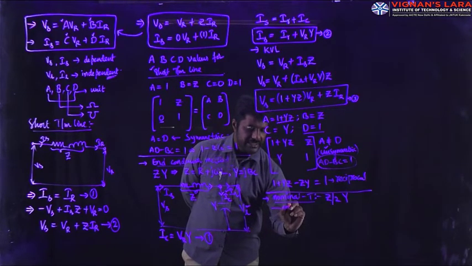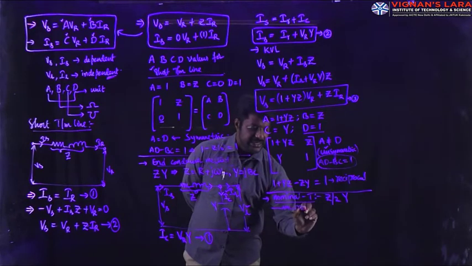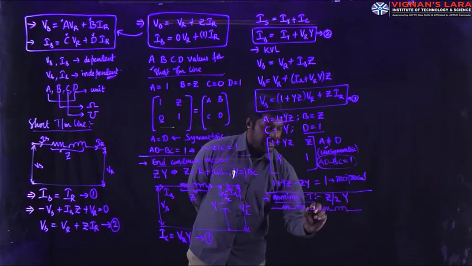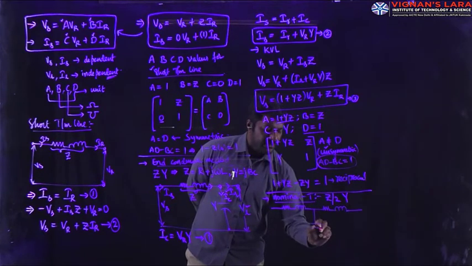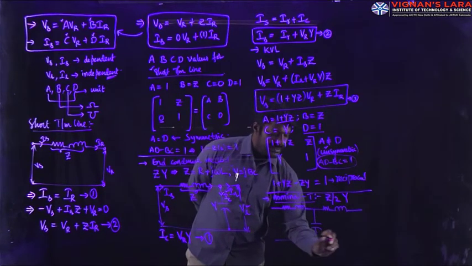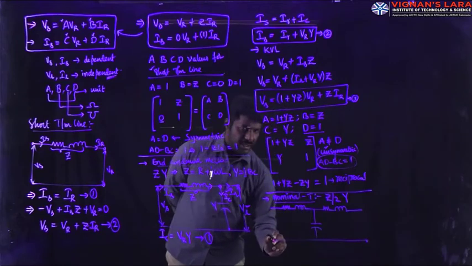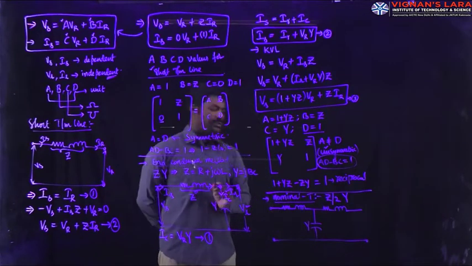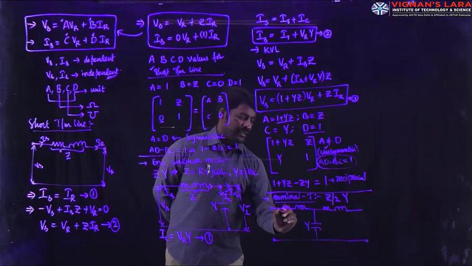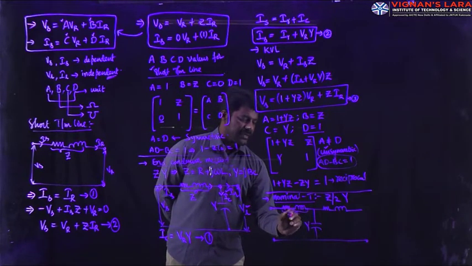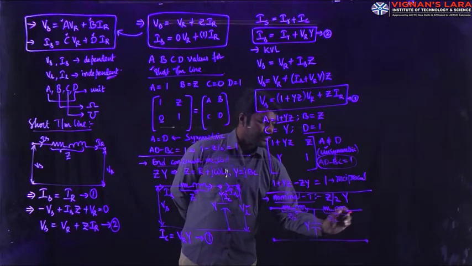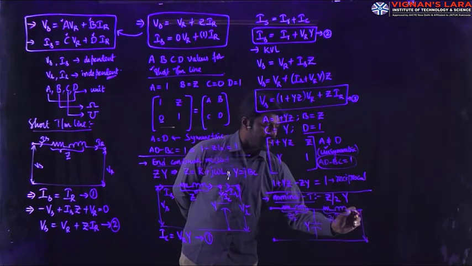This is Z by 2, this is Z by 2, and at the midpoint of this transmission line, the capacitance is shown as C, represented with its admittance as Y, the entire Y.